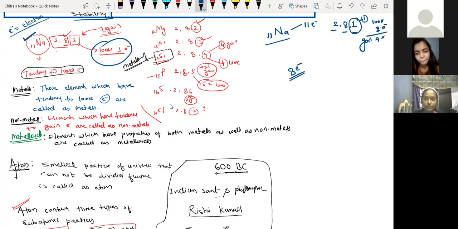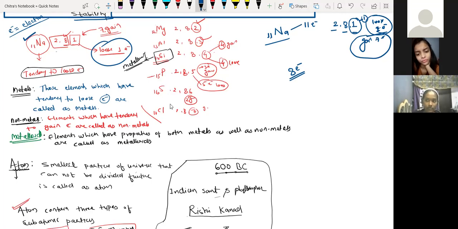So what is going to be easy for sodium, to gain 7 electrons or to lose 1 electron? I'm asking the question. Yes, to lose 1 electron.